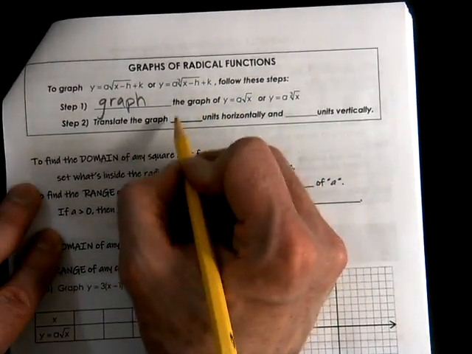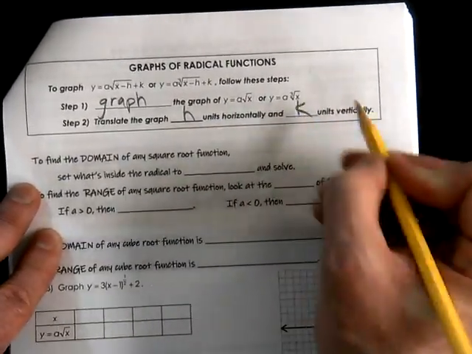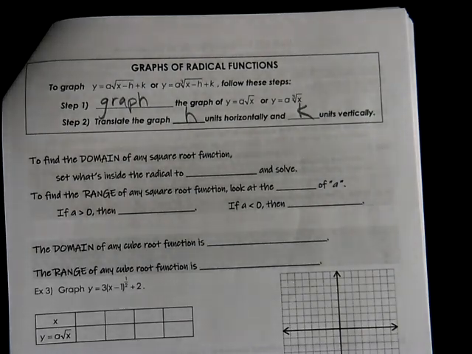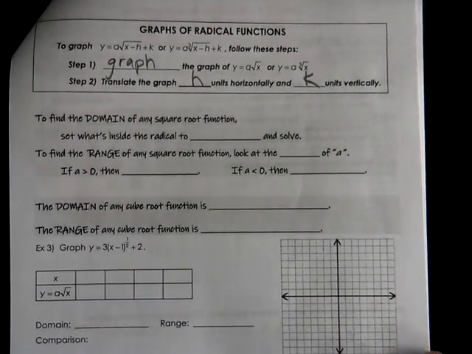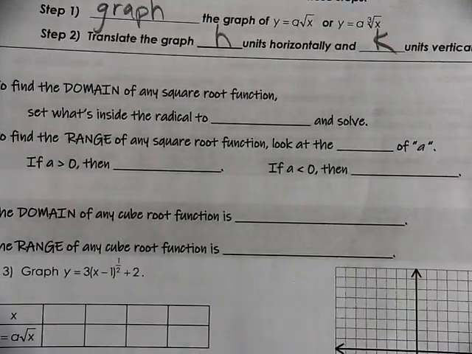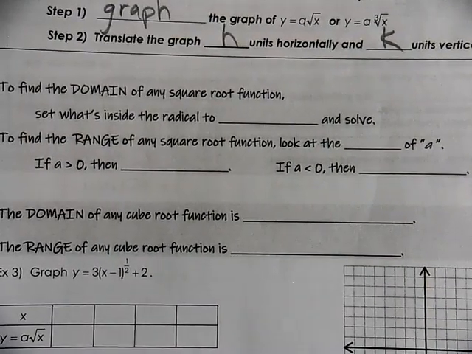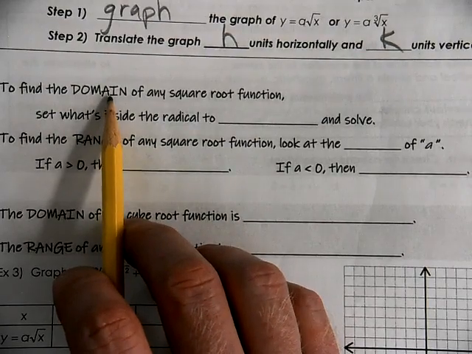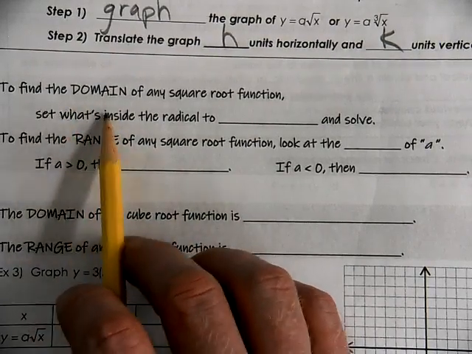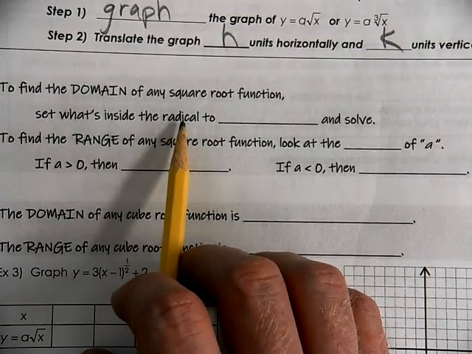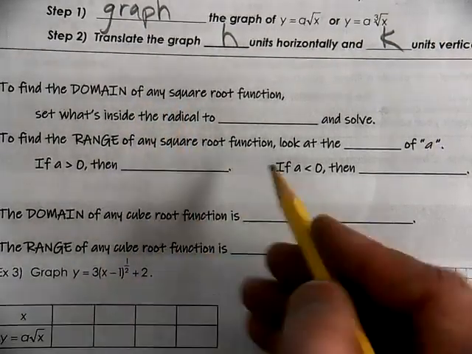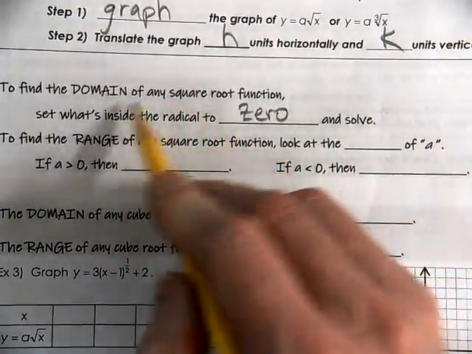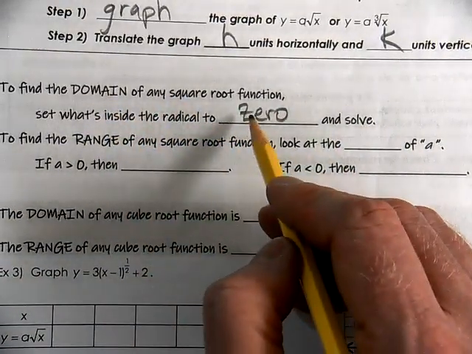We will then translate it h units horizontally and k units vertically. In terms of finding our domain and range, we've talked about doing that with the graph. We can also do that with the equation. If you set what's inside the radical of a square root to 0 and solve it, you can calculate what the domain is.